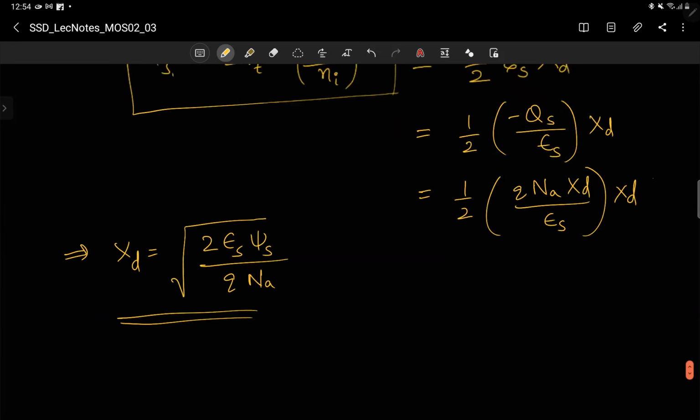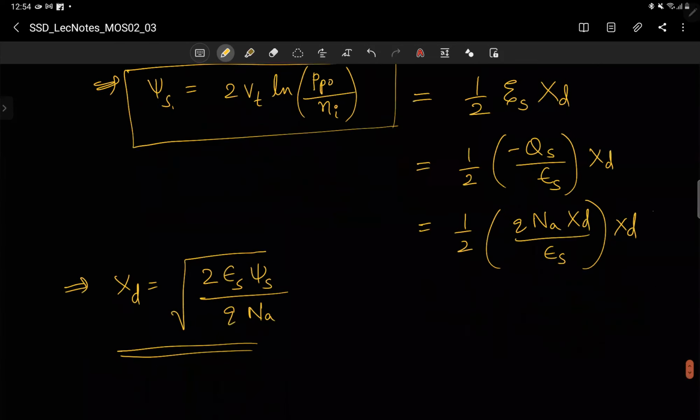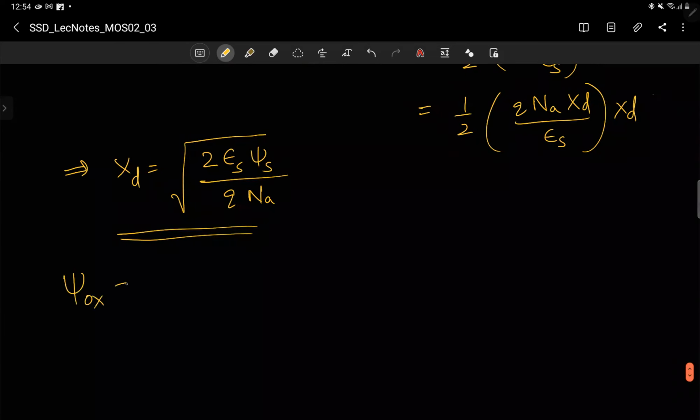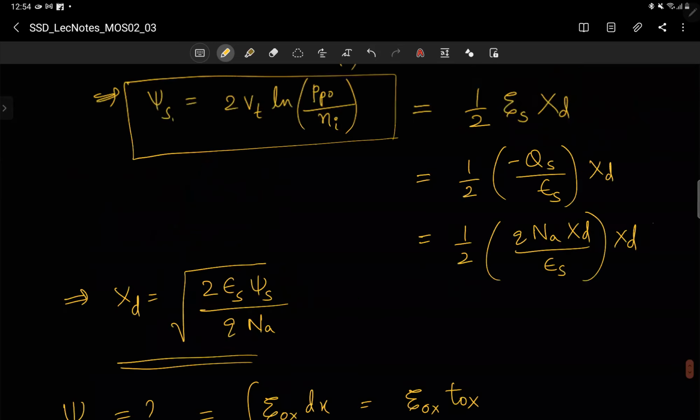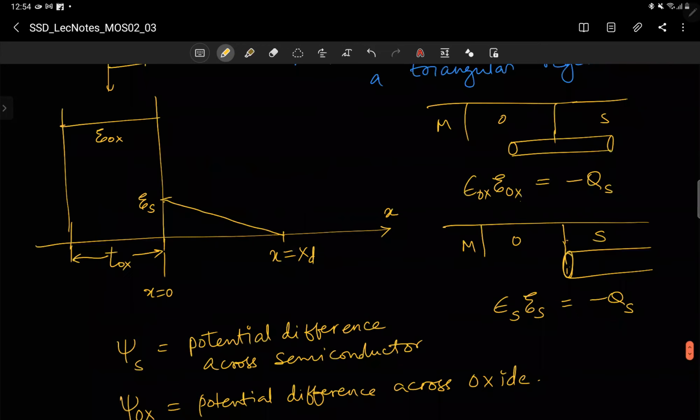And anyway, the potential drop inside the semiconductor, psi s, is already derived. So what we need is psi ox. Psi ox is nothing but simply the integration of Eox dx, that is Eox times Tox. It is a rectangular shape, if you recall. So the area is simply Eox times Tox.